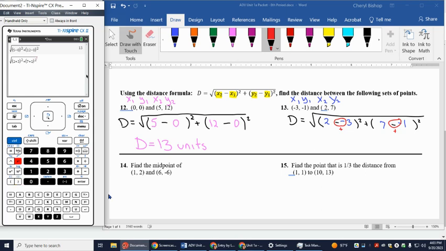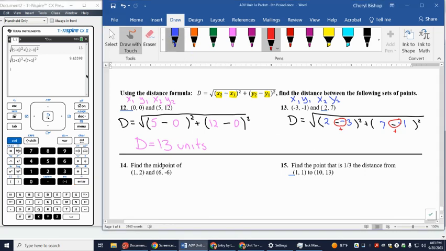Close parentheses, squared. When I do that, I get a distance of 9.43398.